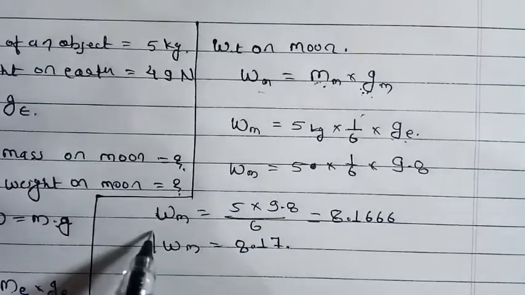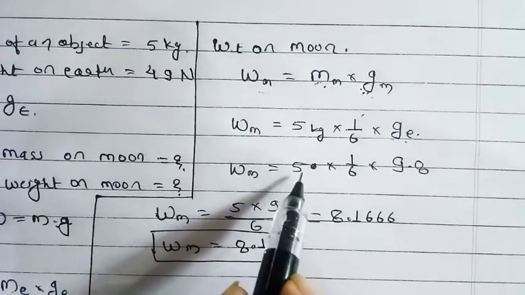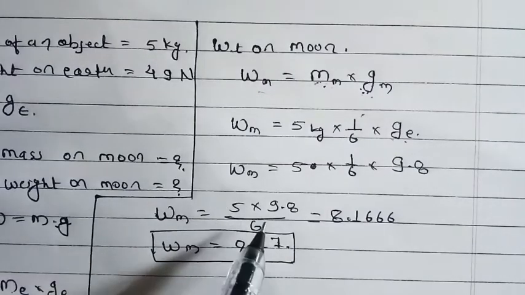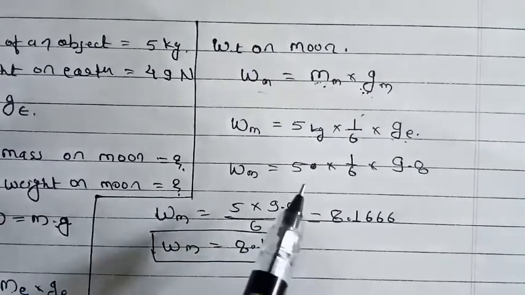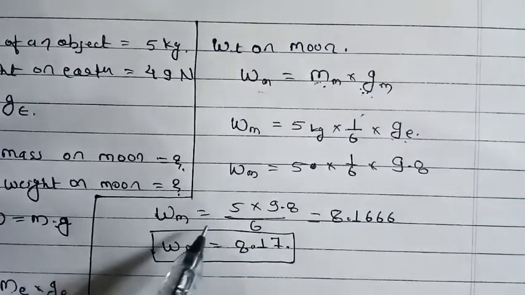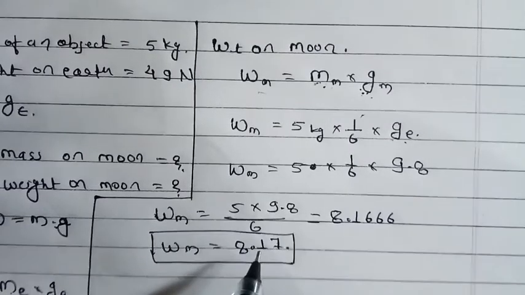So this is the weight on moon, and we know the mass remains the same all over the universe because it does not change from time to time and place to place.